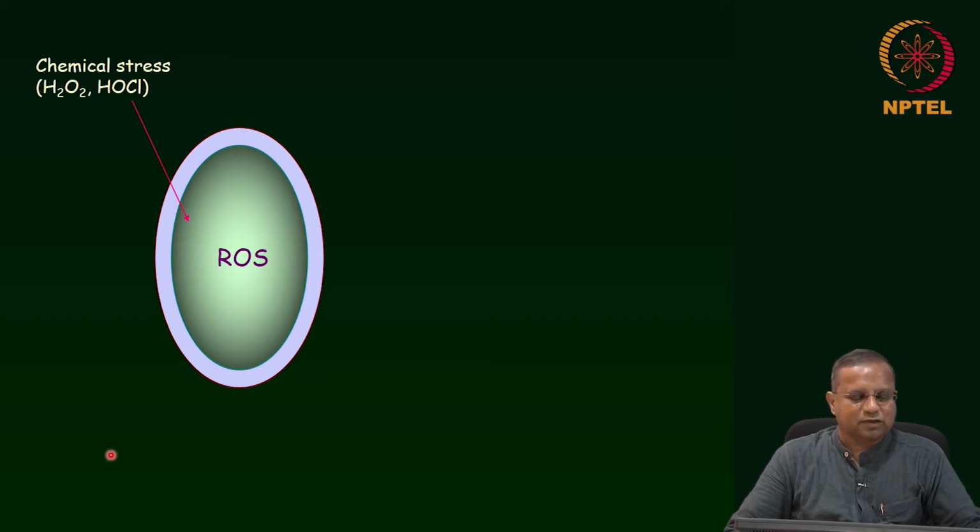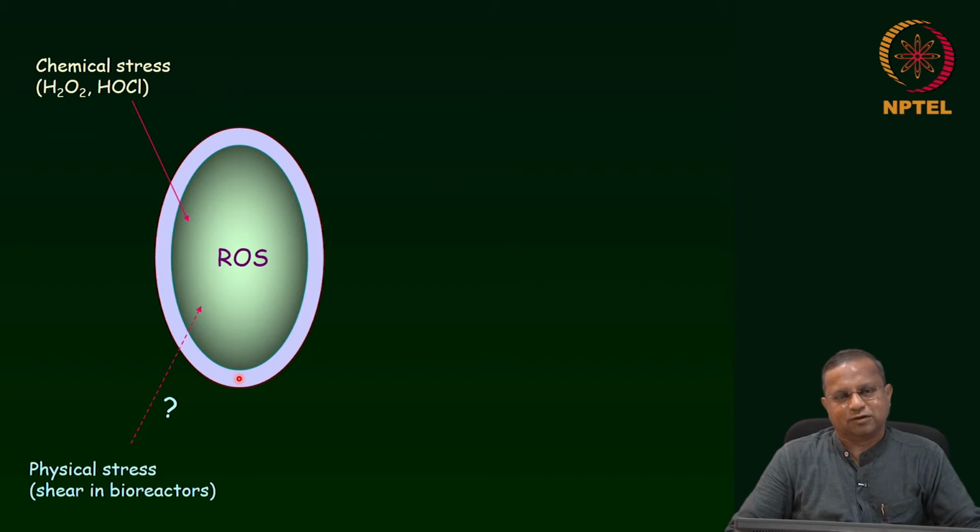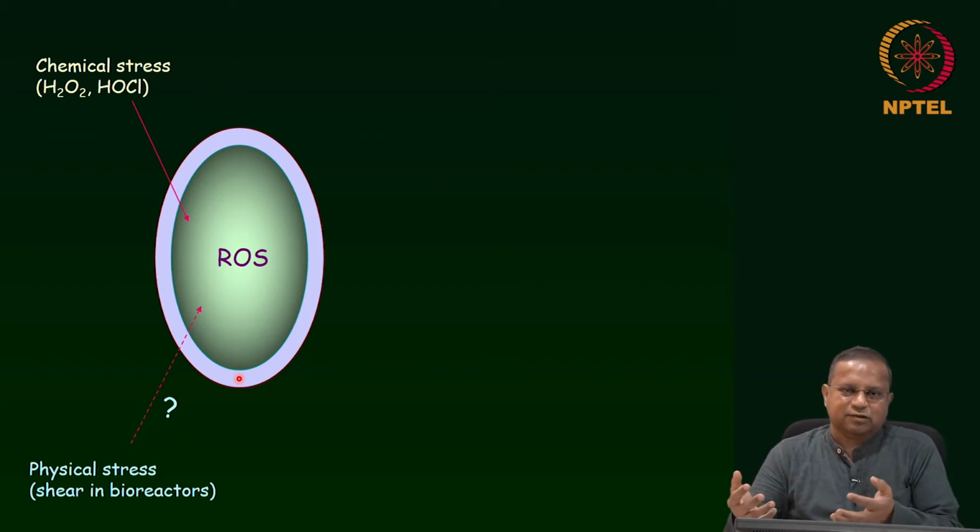We saw that the effects of a chemical stress are mediated through reactive species. We wanted to see whether the effects of a physical stress is also mediated through reactive species, because physical stress, shear in bioreactors is common.